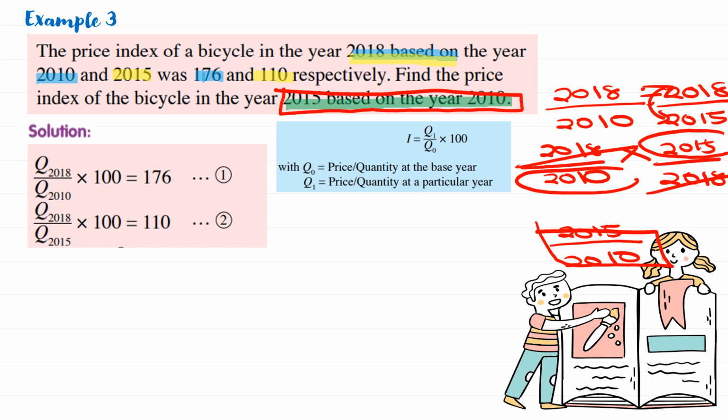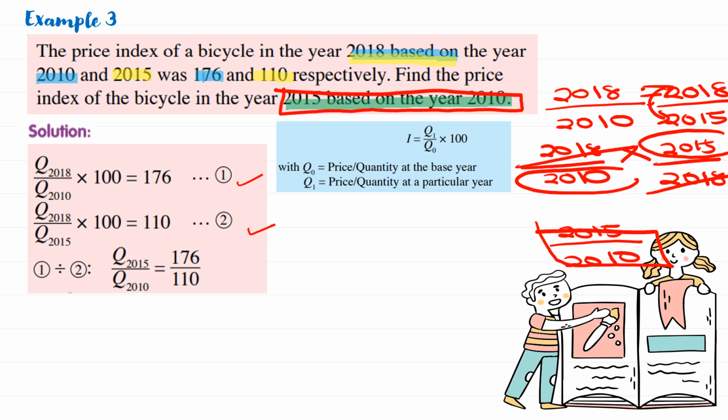So with equation number 1, 2018 based on 2010 times 100, the price index is 176, while 2018 based on 2015 times 100 is 110. You divide equation number 1 by equation number 2, and then you get 2015 based on 2010.